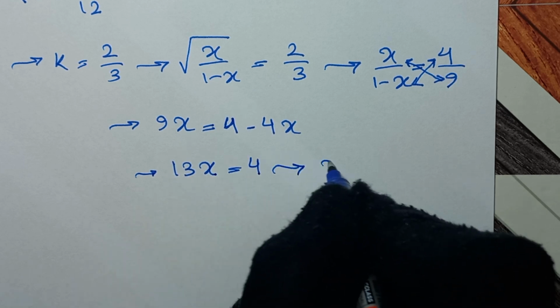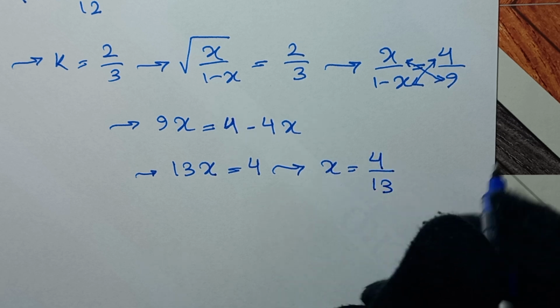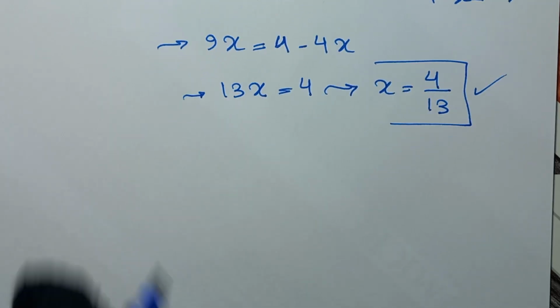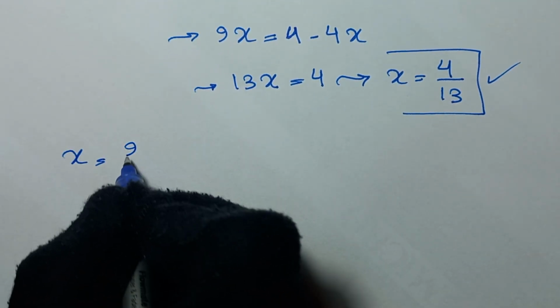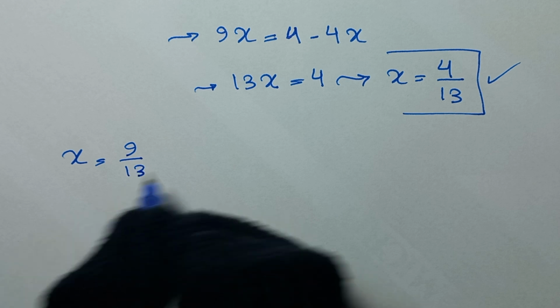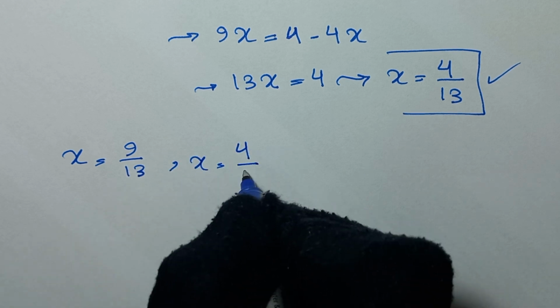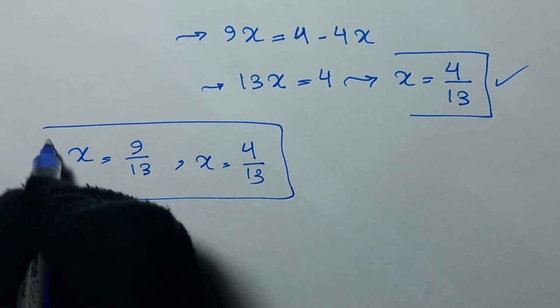And from here, x is equal to 4 over 13. And this is our second answer. So our final answer for x is equal to 9 over 13 and 4 over 13. And this is our final answer.